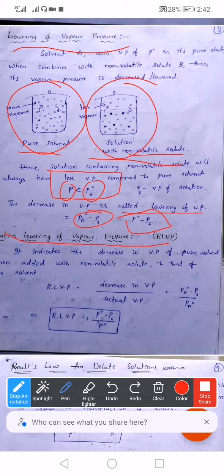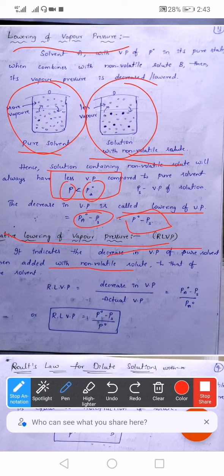It is taken as the ratio of the decrease in vapor pressure to the original vapor pressure of the solvent. That means it indicates the decrease in vapor pressure relative to that of pure solvent.